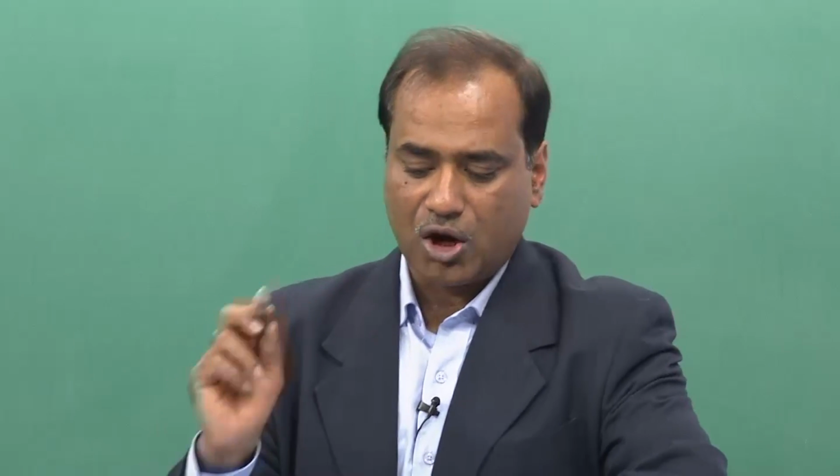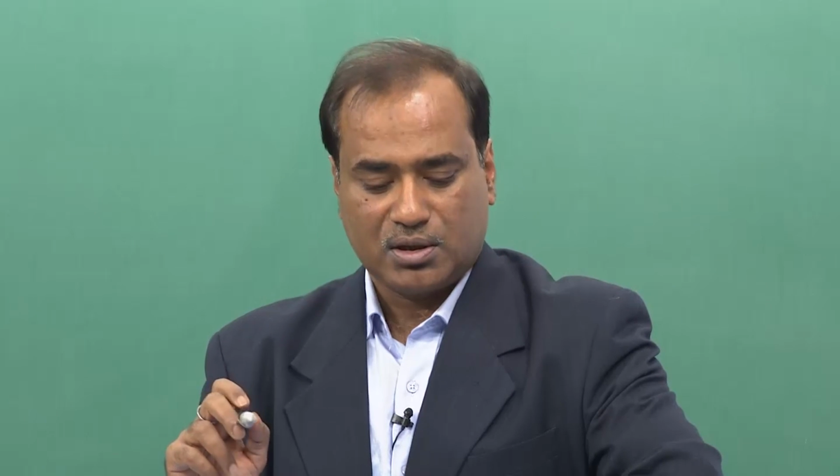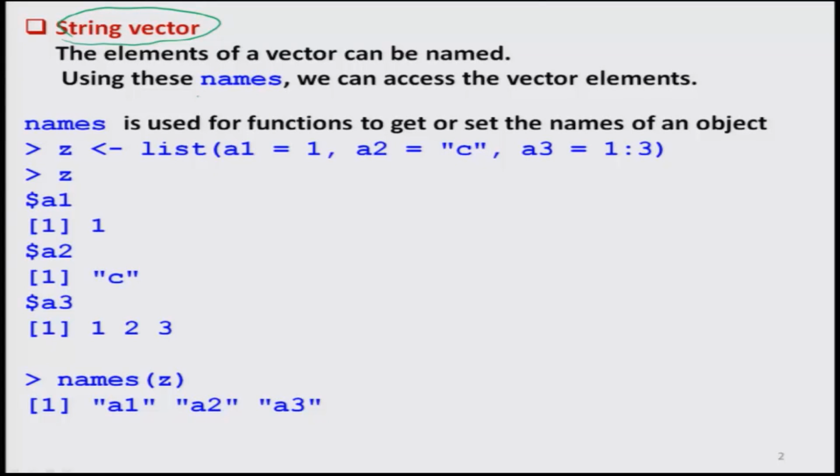In the list, we can have all sorts of data objects: character, numbers, matrices, and anything. So, now I am trying to introduce here a command, what is called names. And using these names, we can access the vector elements. For example, suppose in a class, there are 3 students sitting at first position, second position and third position.